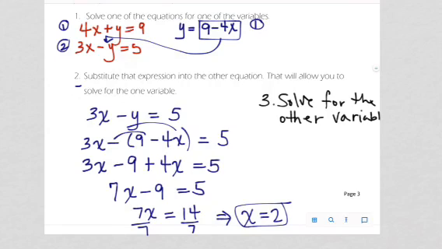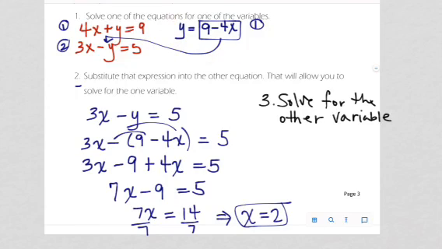Since the solution should work in the original equation 1 or the original equation 2 or the solved for y equation, you can use equation 1, equation 2, or the alternative of equation 1. It doesn't really matter which one you choose. Now, I will tell you that the easiest is this one.